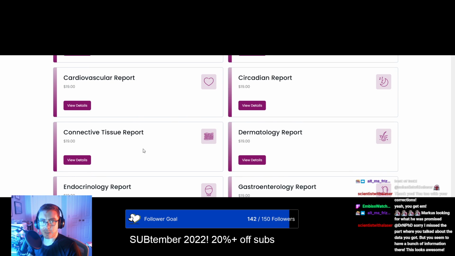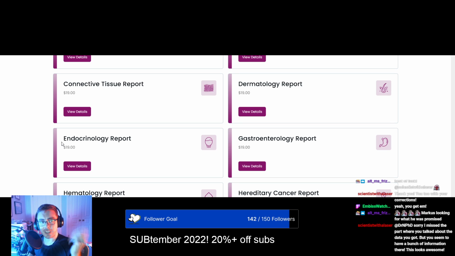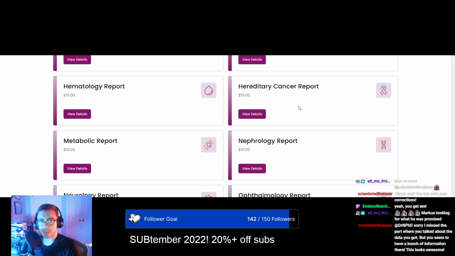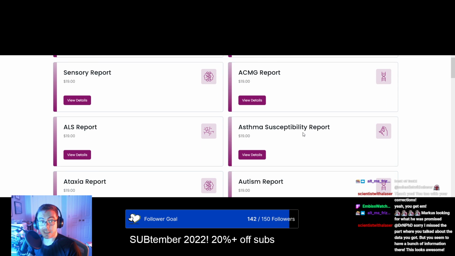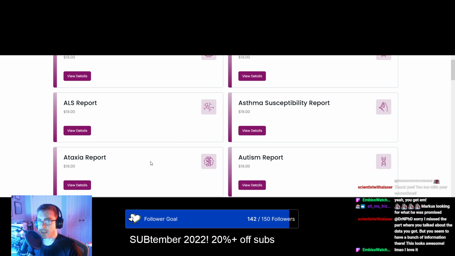Health, circadian rhythm. Oh, see, these are all the ologies that you can get. You can look at your endocrinology report, hematology, and so on. I mean, the data's all there. They just use their proprietary methods, which are probably secret within the companies, but they're probably using fairly publicly available data sets to figure all this out.